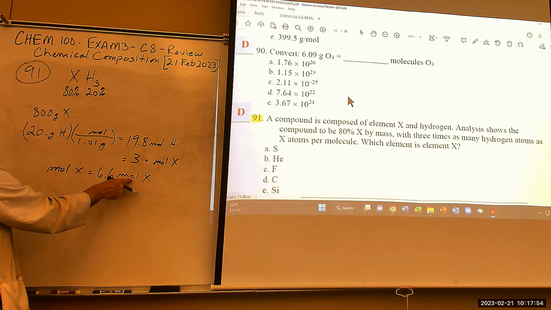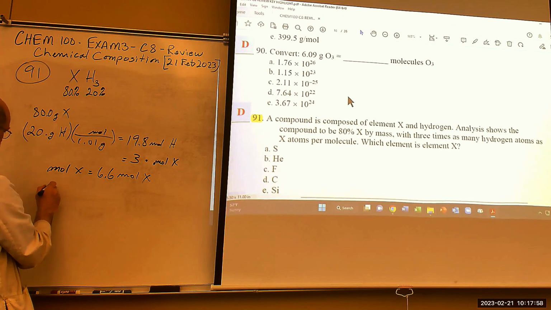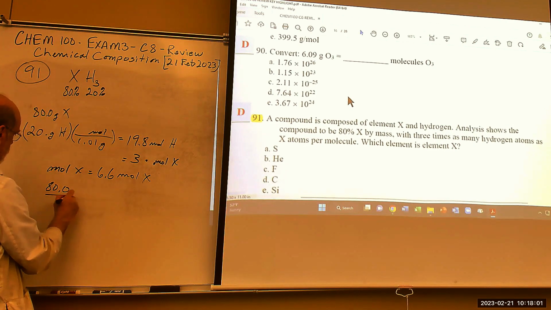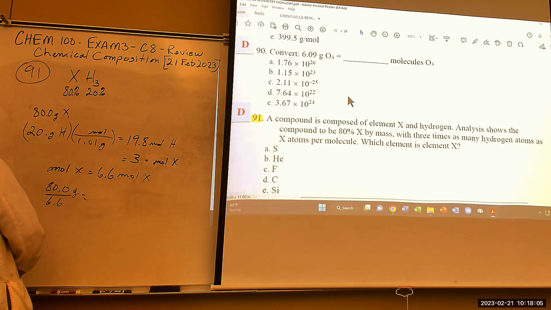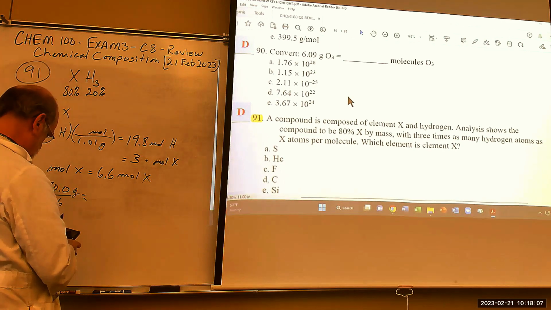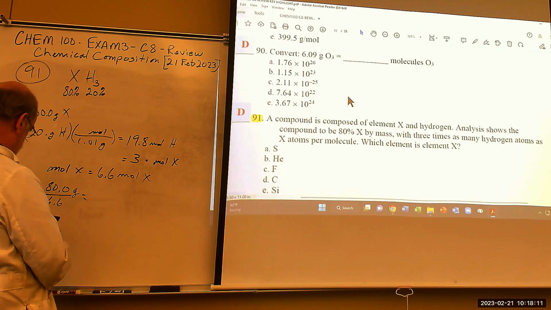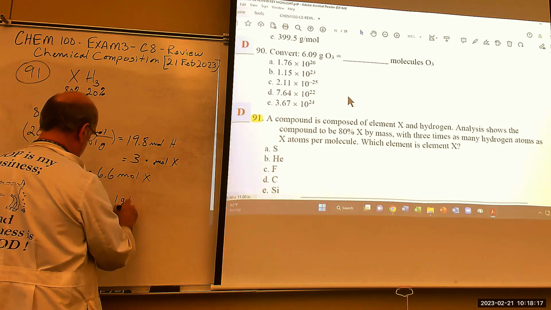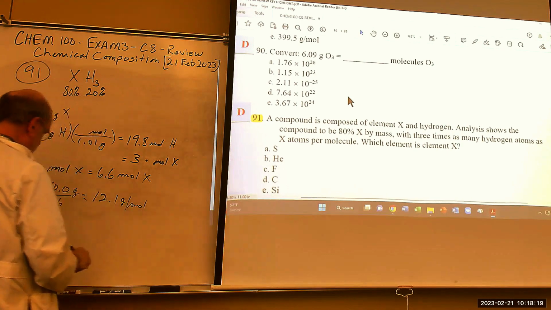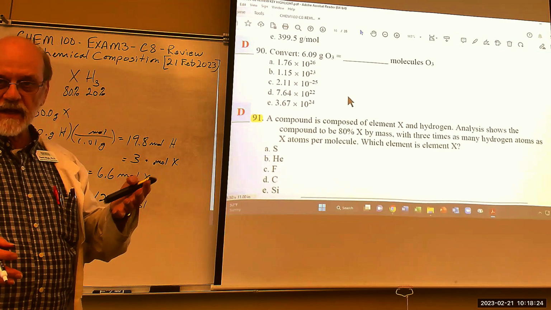Now we've got moles of X and mass of X. So we get 80 divided by 6.6, which is 12.1 grams per mole. So which element X is close to that?